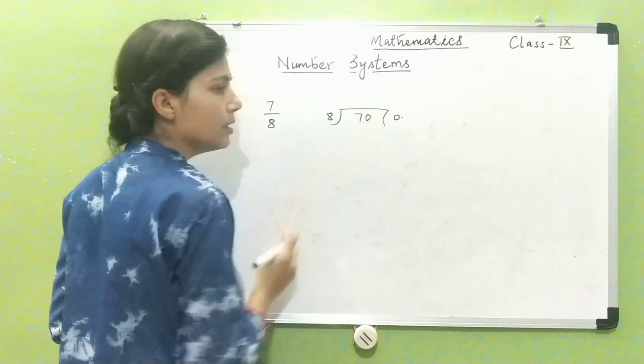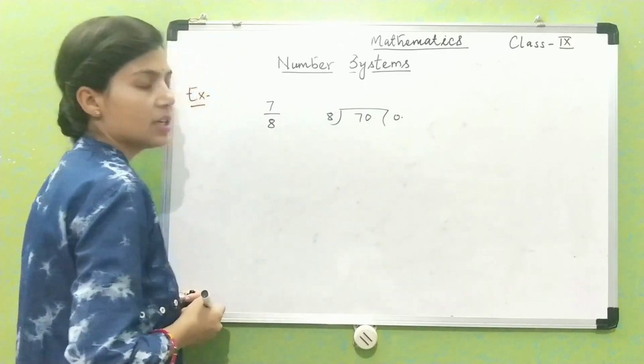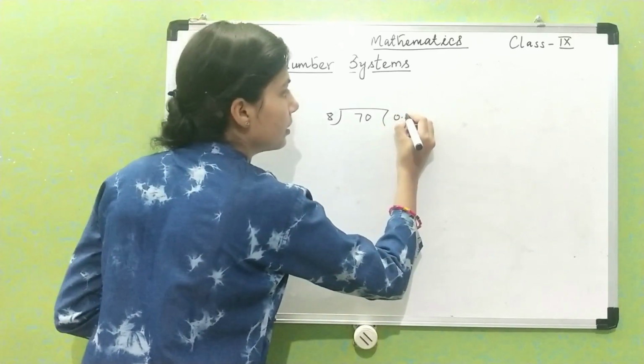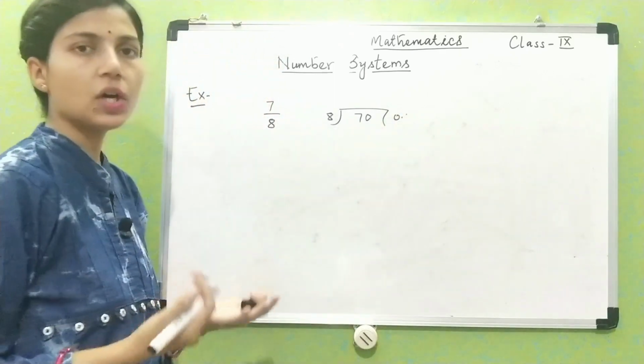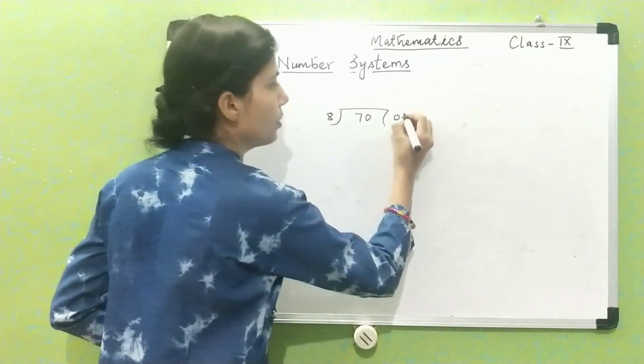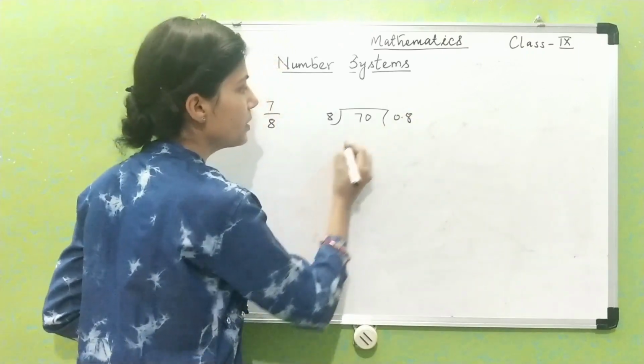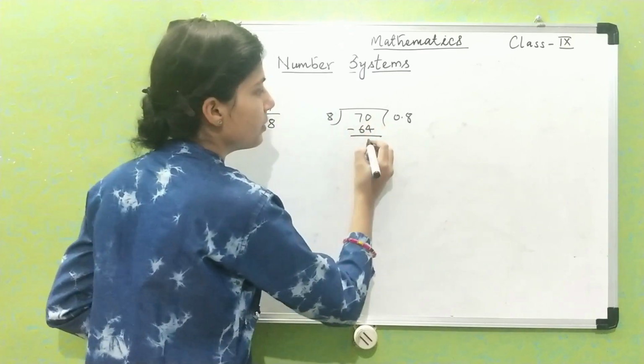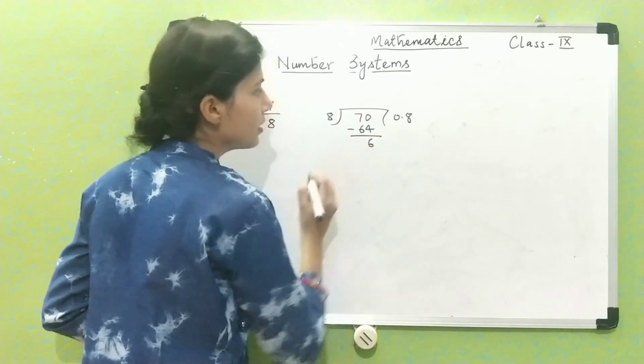Now we can take here 0. 8 7s are 56, 8 8s are 64, that is less than 70. So the remainder will come as 6.